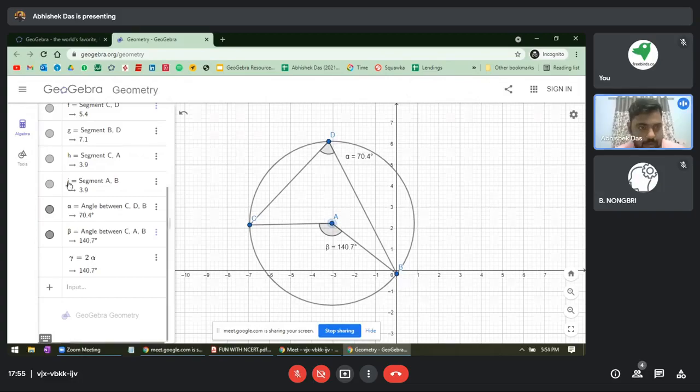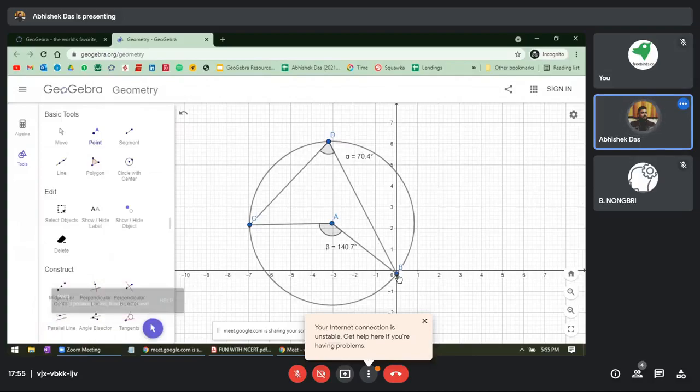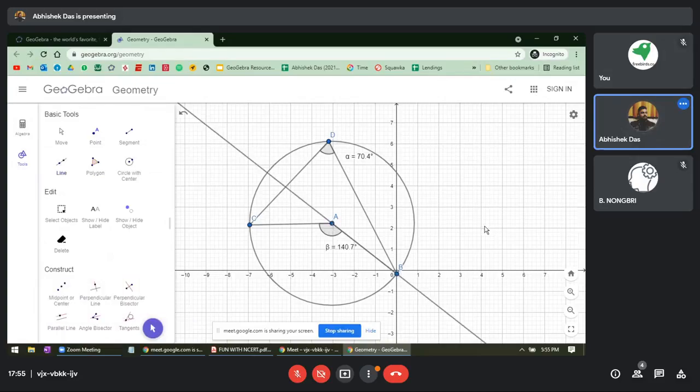Now, let me draw a line which passes through B and A. Right? So, if I take the point out here, it is basically the diameter. Right? BE can be considered as the diameter of the circle.